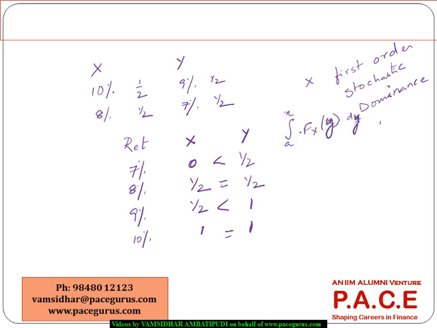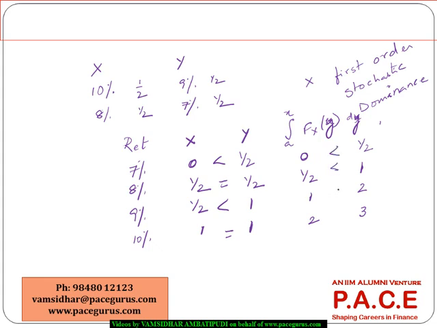Now if I am trying to integrate, it is nothing but a summation. So here it is 0, 1 by 2, 1 and 2. Similarly here it is becoming 1 by 2, 1, 2 and 3. Here also all I could see is that this is less than this, this is less than this.